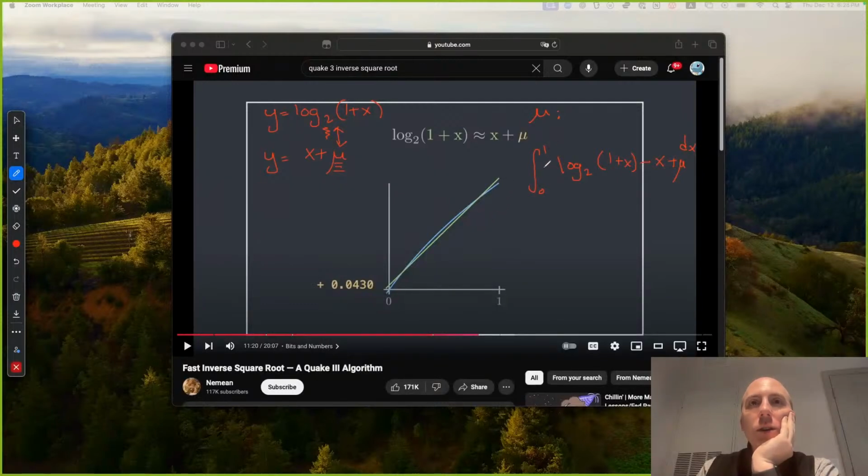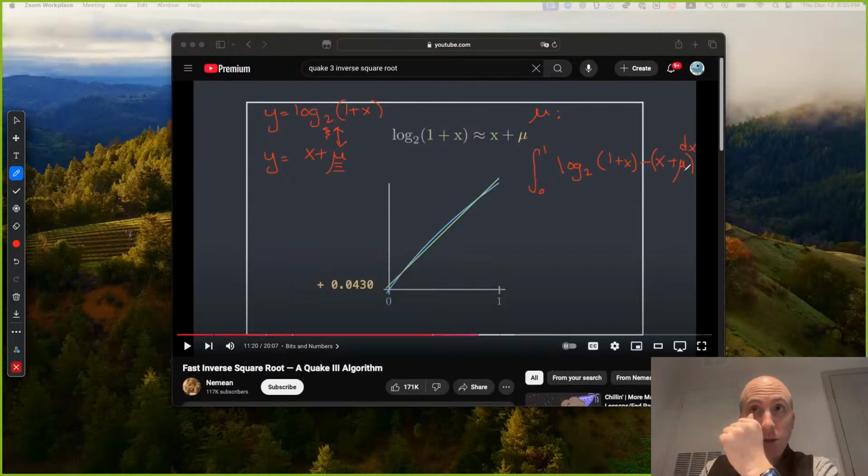I don't even know if we have to mess with taking absolute values, it's not clear to me that we do. I'm just going to leave it like this for now.